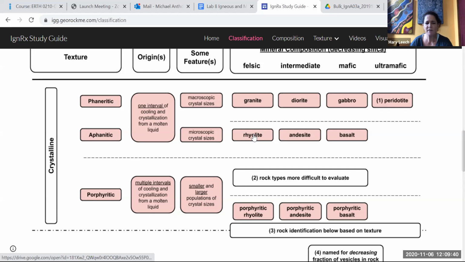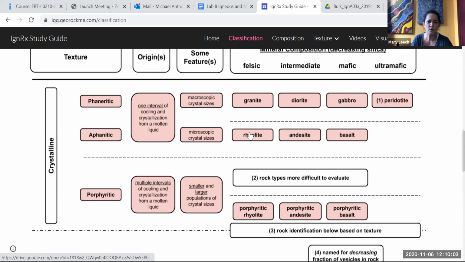So they would be aphanitic or porphyritic if they're volcanic. If they're pyroclastic, which admittedly is also a volcanic process, but it's explosive, if it's fragmental like that, then you need to look for a different name, like a tuff of some kind. Okay.